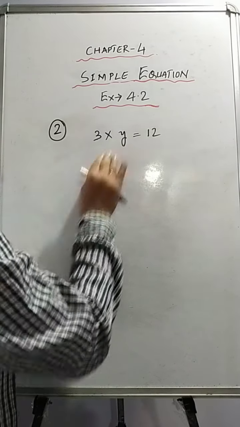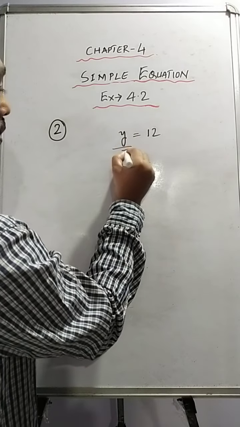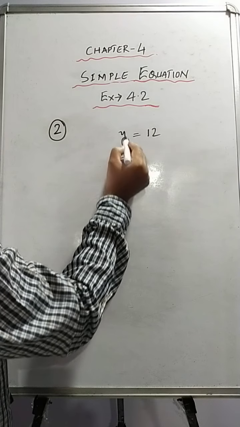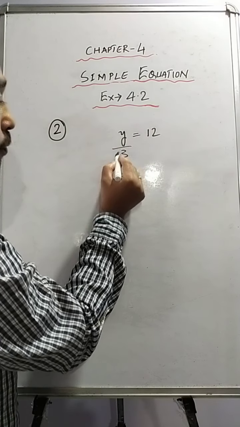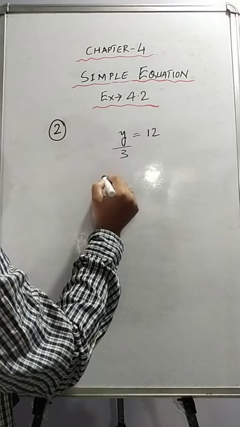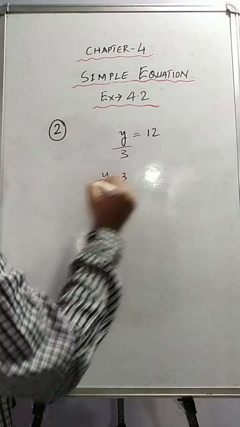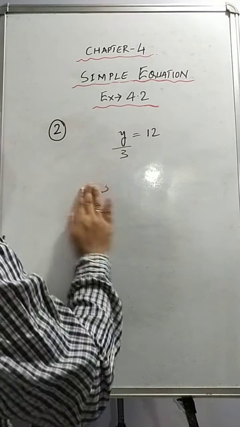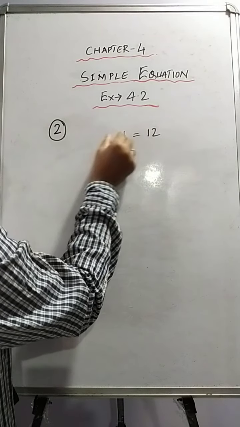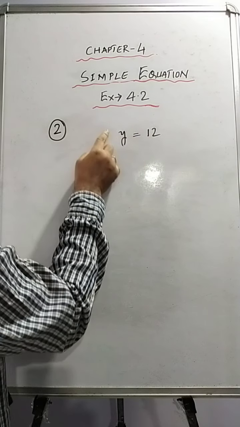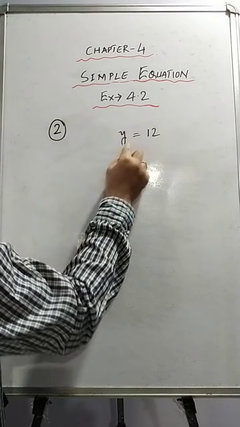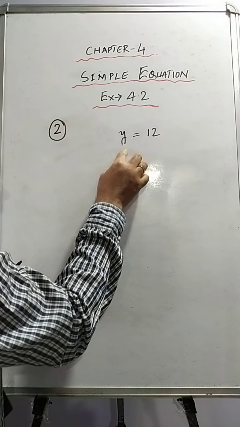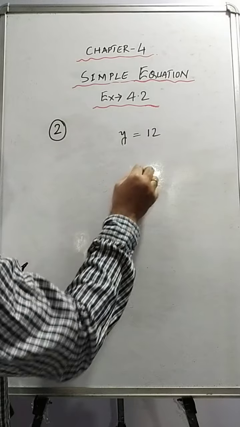Now suppose a number is in the division form with the variable and you have to remove this 3, then what you have to do? You have to multiply it. So what we have learned: any number which is in the multiplication form with the variable, you have to divide it, and if any number is in the division form with the variable and you have to remove that number, you have to multiply.